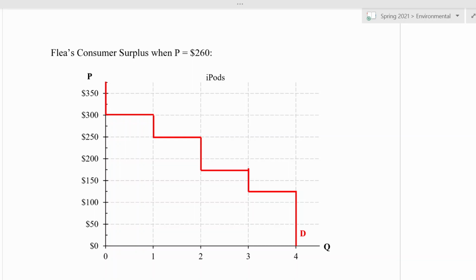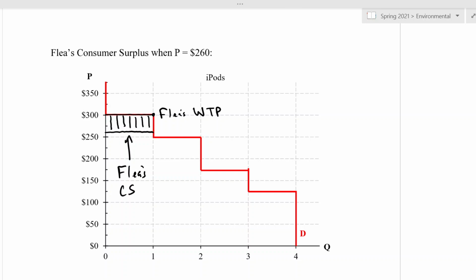But first, let's see how this looks graphically. Remember, this $300 was Flea's willingness to pay. And if the price is $260, let's call it there, then the difference between the price he pays and the price he's willing to pay, that box there, is Flea's consumer surplus.